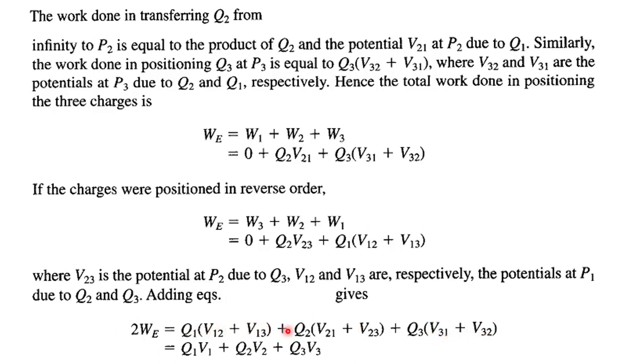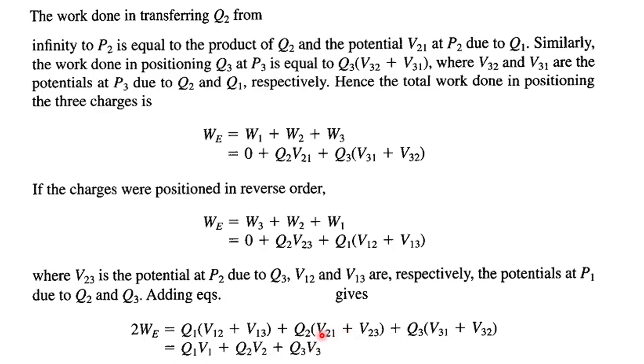So if you observe these equations carefully, Q1 is multiplied by the term V12 plus V13. So we can say that this combination means the potential at position P1 due to the other charges. So in general I can write this combination as V1. Similarly, if you observe this combination V21 plus V23, this is the potential at point 2 due to other charges.